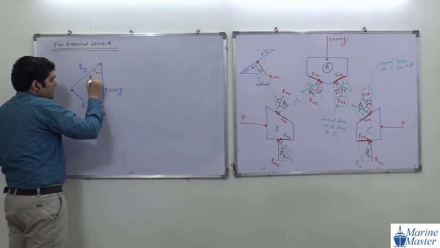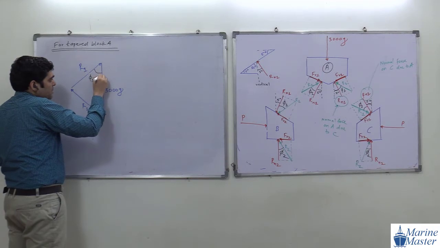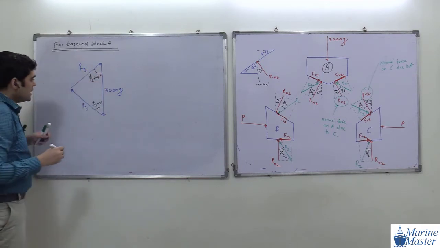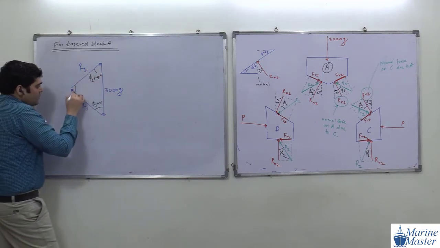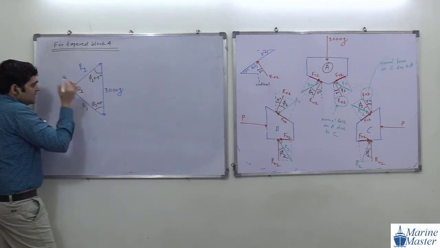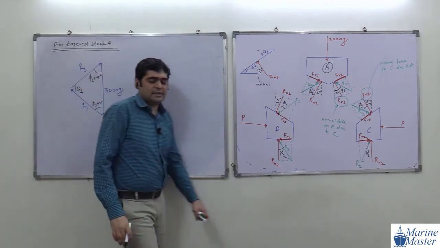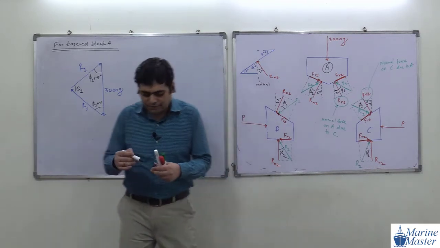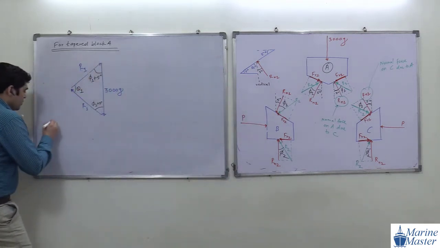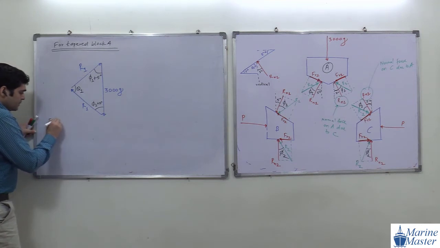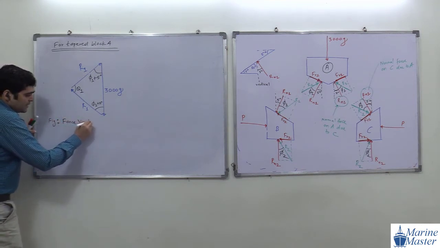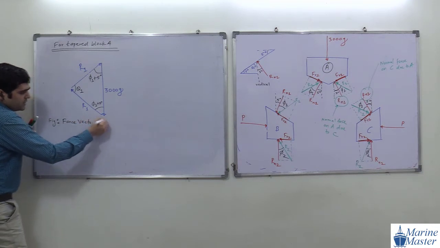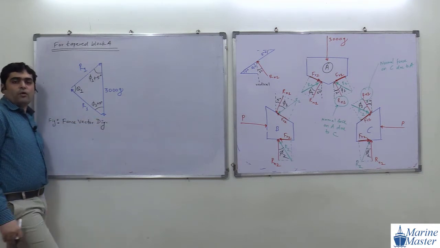Then we will assume this angle as theta 1. Till now, any doubt in this diagram? What will be the name of this figure? We will say it is a force vector diagram.